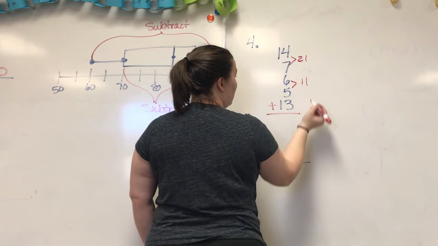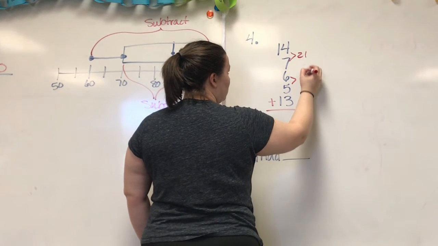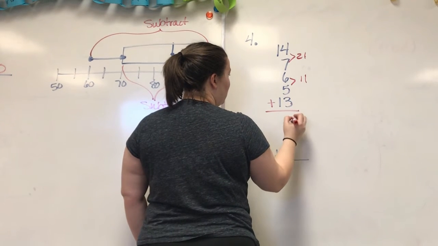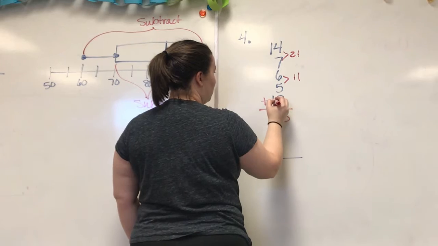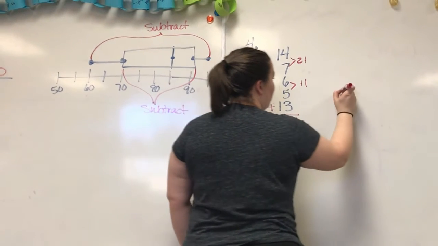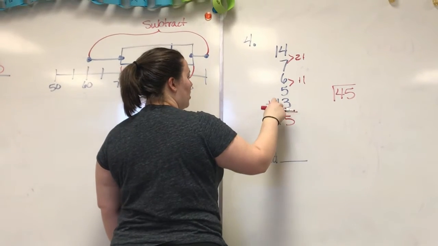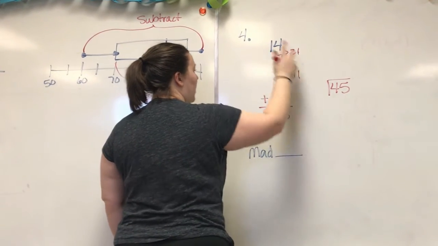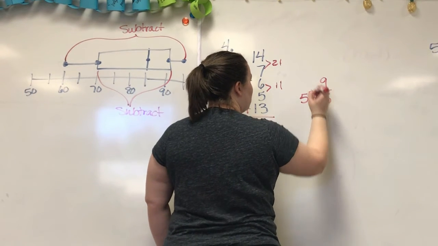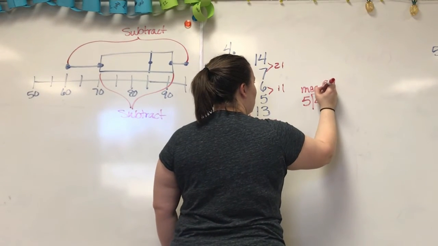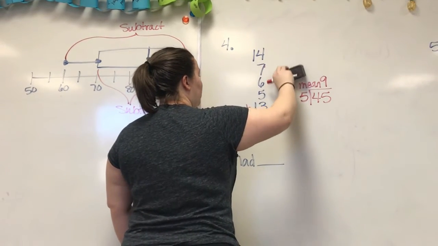This is 11. 1 plus 1 is 2, plus 3 is 5. 2 and 1 is 3, plus 1 is 4. 45 divided by how many observations are there? 1, 2, 3, 4, 5. Divided by 5 is 9. So we know that the mean is 9. Okay?